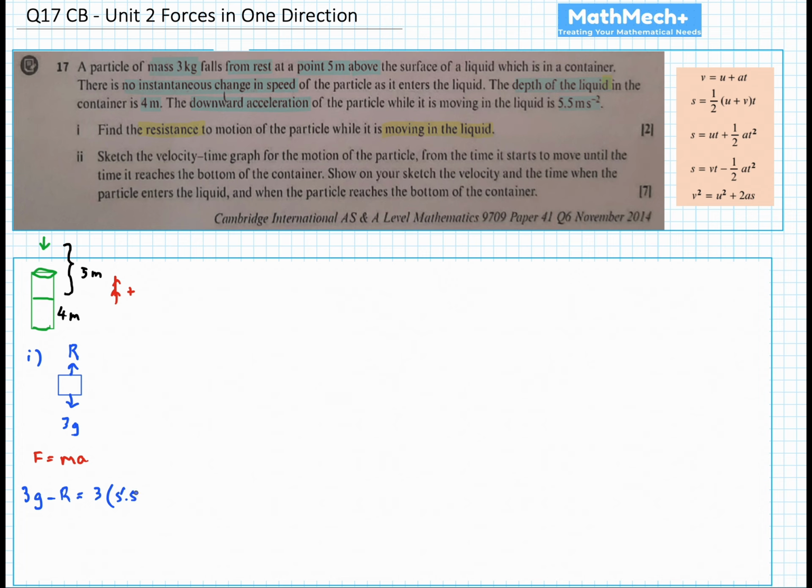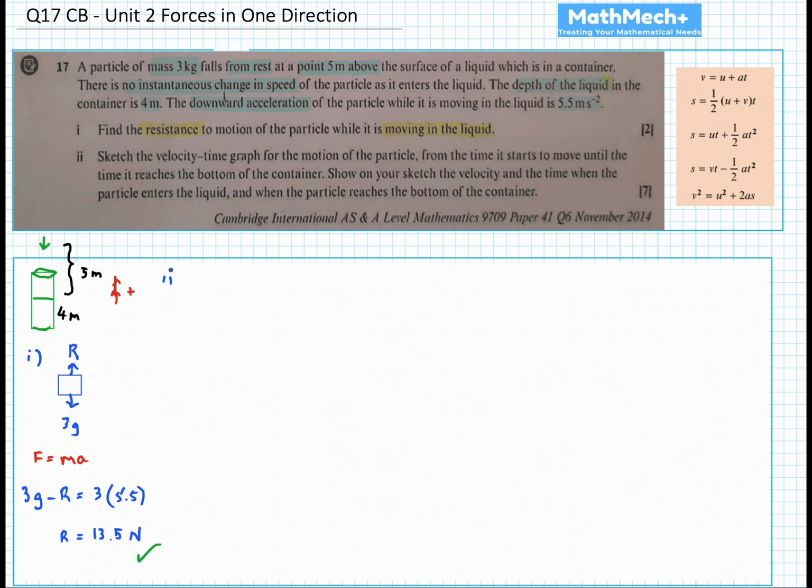So 30 minus R equals 16.5. Cancel on both sides, you get 13.5. So R, the resistance to the motion, is 13.5 newtons.